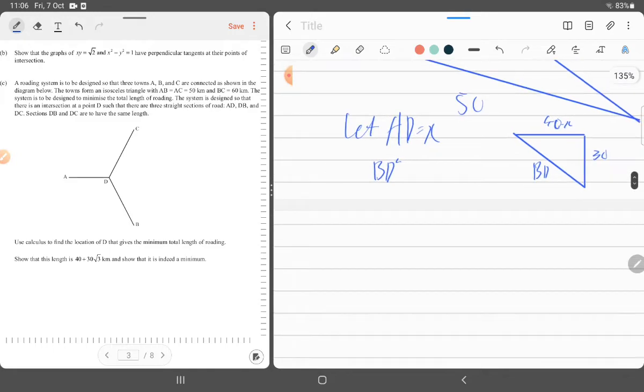So we can say BD squared is equal to 30 squared plus 40 take away x all squared.